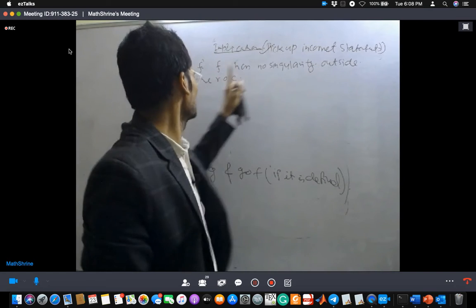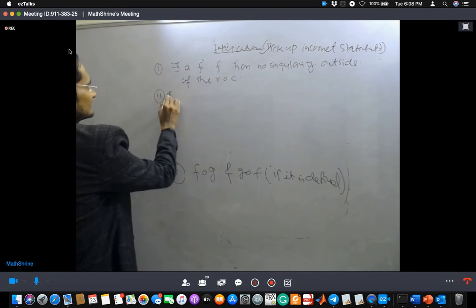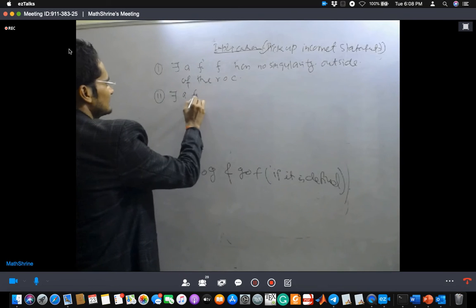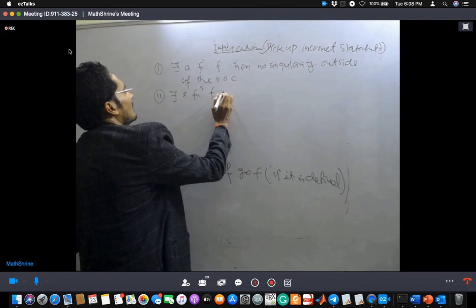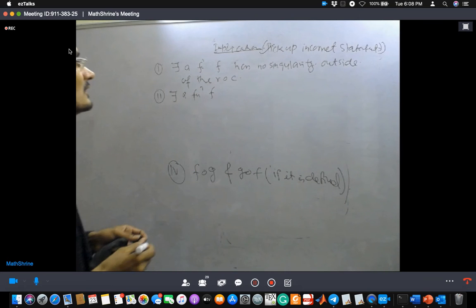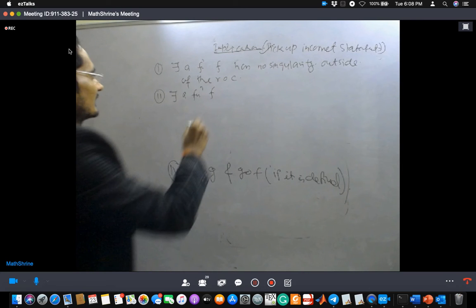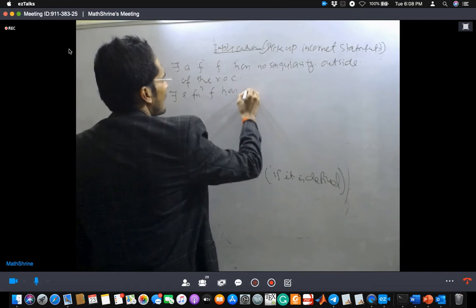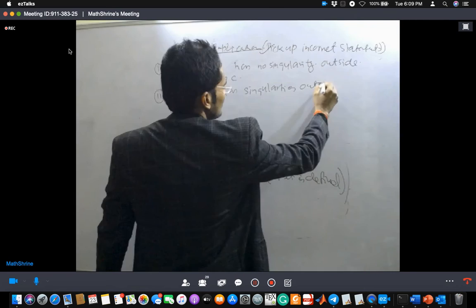Next question. There is a function f that has singularity outside of the radius of convergence.